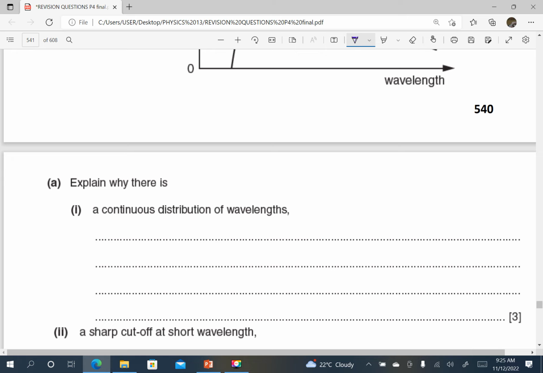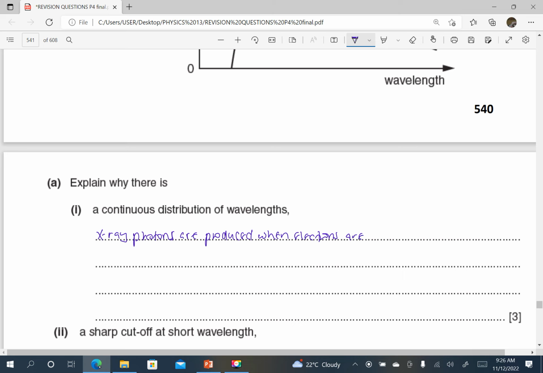Remember we said X-ray photons are produced when electrons are suddenly decelerated.